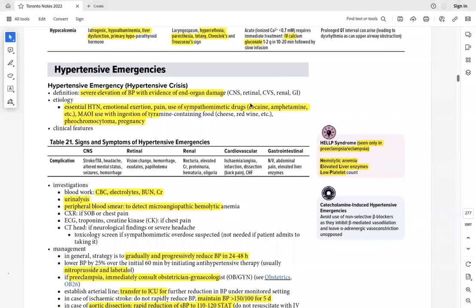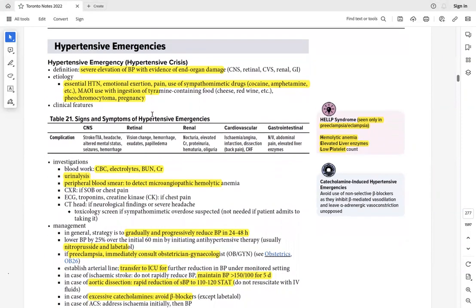Then hypertensive emergencies. Whenever there is a hypertensive emergency, even in a pregnant lady like eclampsia or preeclampsia, the best drug we are giving is labetalol. Just remember labetalol. For hypertensive emergency, we start the patient on labetalol.